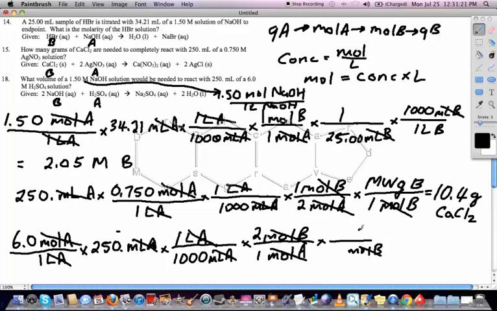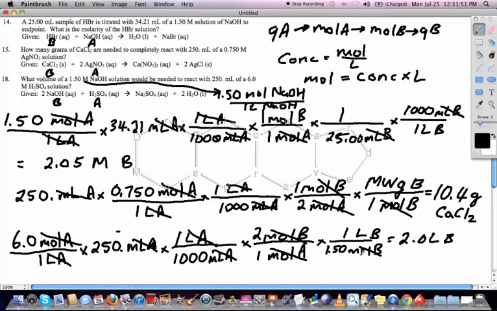And I want liters of B on top. So we need a relationship between liters and moles, and we do have one here. We know that 1.50 moles of sodium hydroxide is in 1 liter of sodium hydroxide. So what I know is that 1 liter is 1.50 moles. And that will give me my final answer, which is 2.0 liters of sodium hydroxide.